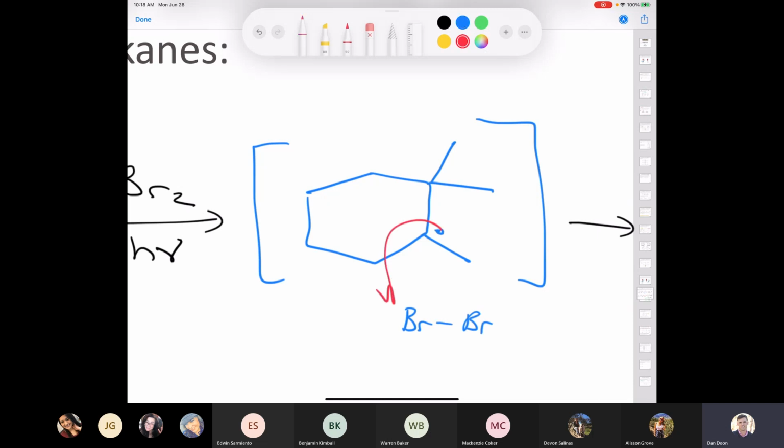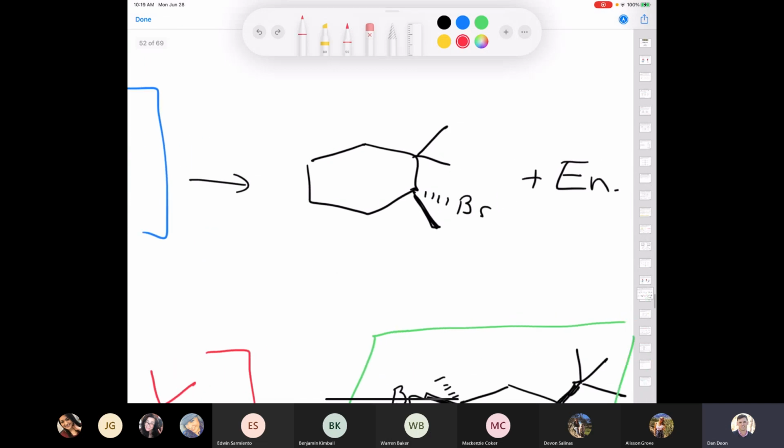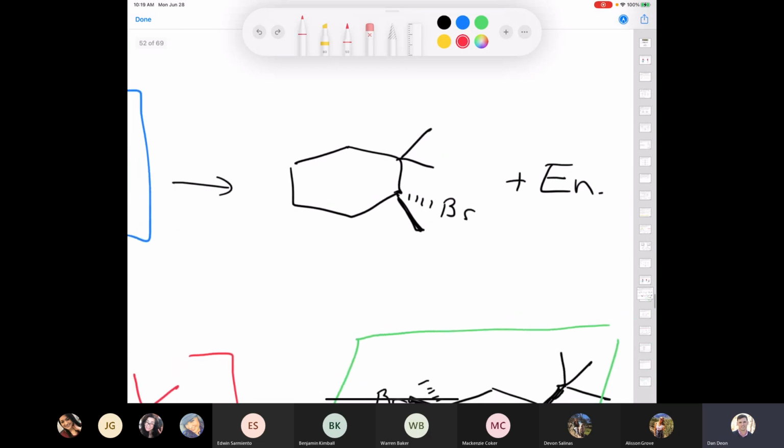It's going to go to either face. It's going to be indiscriminate for either face of the molecule because there are no chiral centers in this molecule. So that's why you end up with a racemic mixture, a 50-50 mixture of these two compounds: this compound plus the enantiomer.